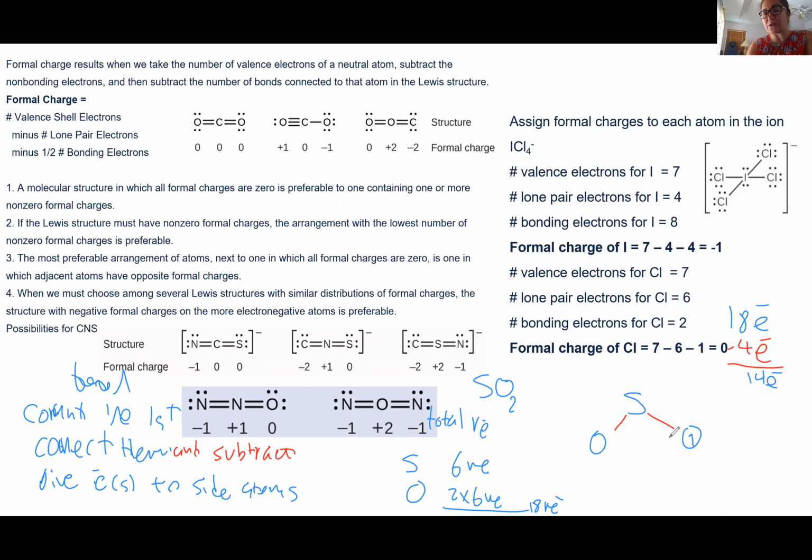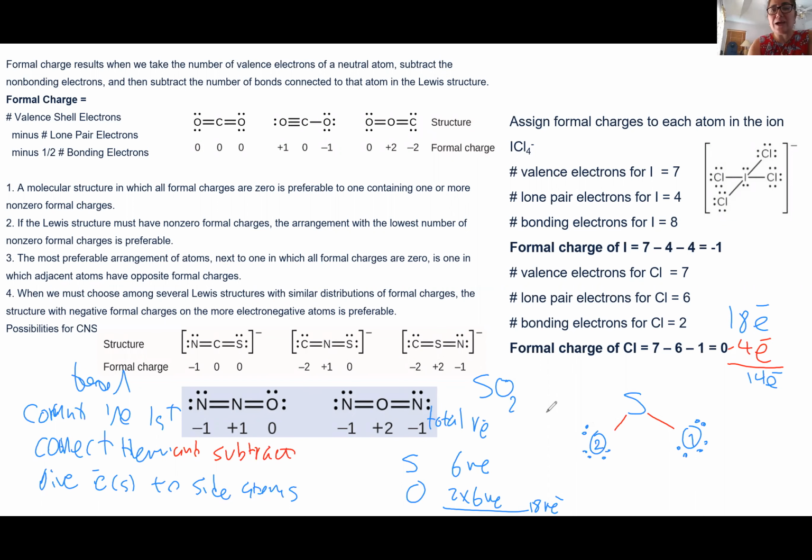I'm going to call this oxygen 1 and oxygen 2. How many electrons should I give to oxygen 1? 6, because it already has 2 electrons, so I'm giving 6 more electrons to make it 8. How many electrons do I give to oxygen 2? 6 also.